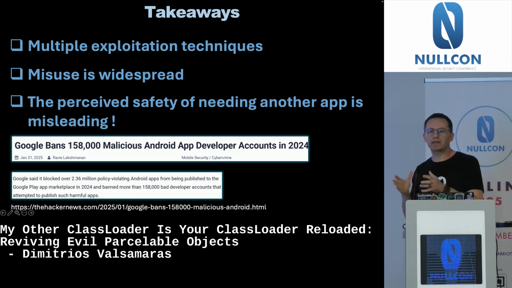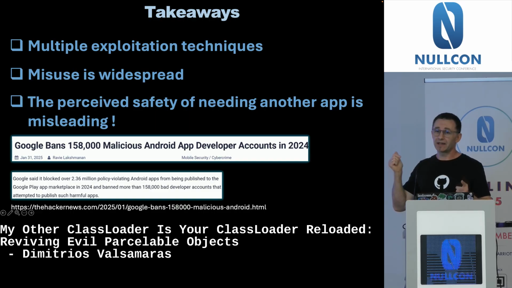It is a part of my job to perform malware research on Android apps almost daily, including market apps or whatever. So we are seeing every day several developer accounts which are banned because they publish something harmful. Almost 2.4 million apps were banned in a time span of 1 year only from the Google Play Store. So you understand, the problem is huge. And the idea here is whether we close our eyes and say that these things cannot happen, or we acknowledge them and fix them.